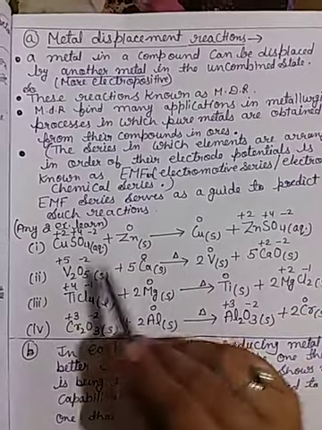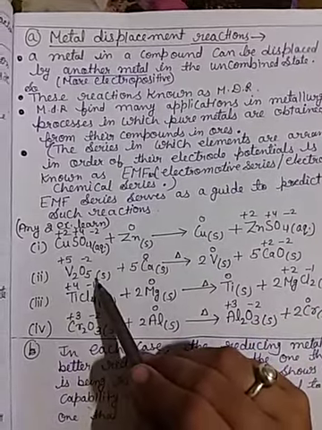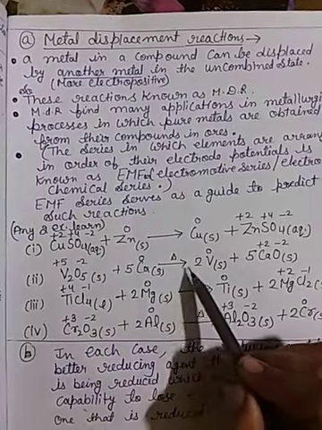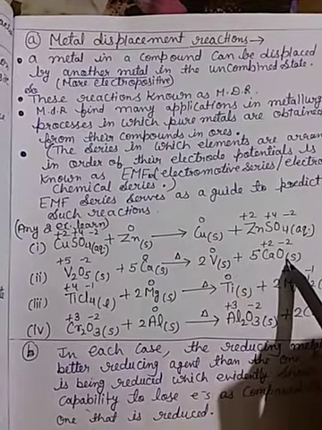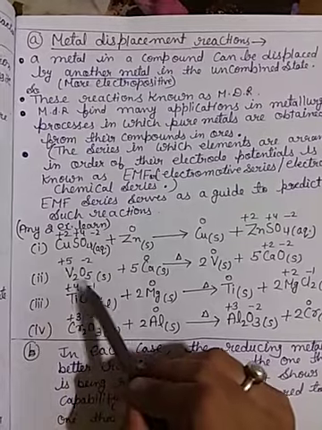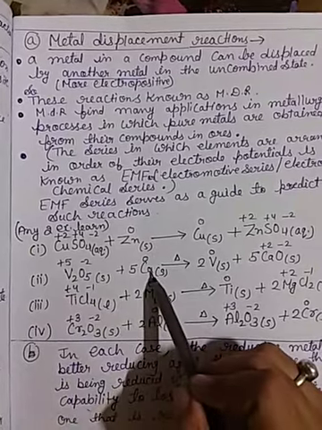Then V2O5 plus 5Ca converts into vanadium and calcium oxide: vanadium in vanadium pentaoxide is displaced by calcium.